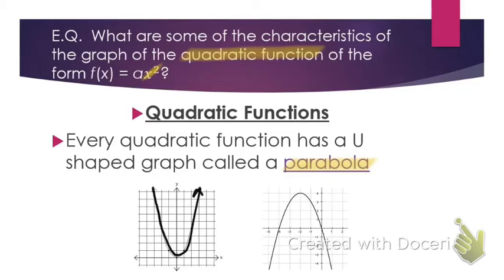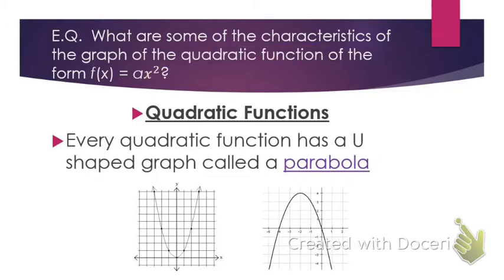We've got this first one that I've given you, and we've got this second one. What direction would you say that this first one opens? If I were to ask you how that parabola opens, would you tell me it opens up, or would you tell me it opens down? It opens up, right? And what would you tell me about this one? Is it opening up or opening down? It opens down, all right?